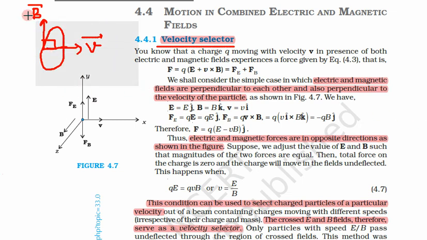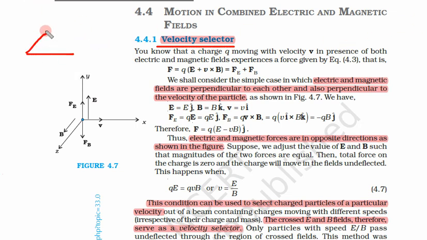Now if they are not perfectly perpendicular, there is some angle. So what was happening then? The particle was moving in a helical, or spring-like, path. These two things must be clear to you.